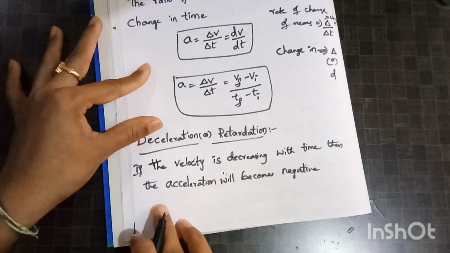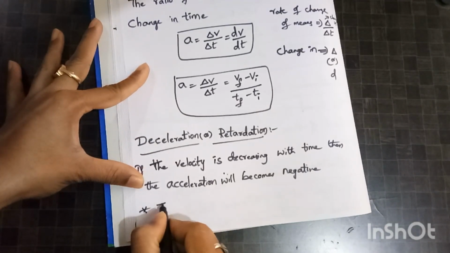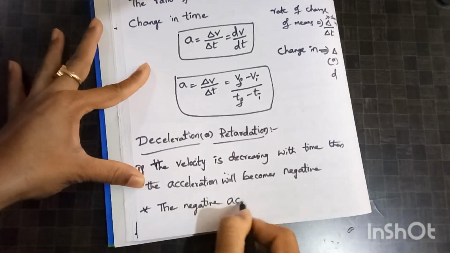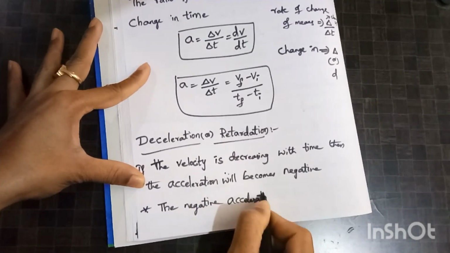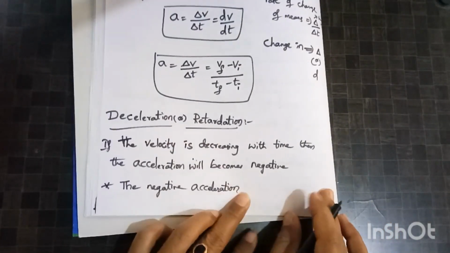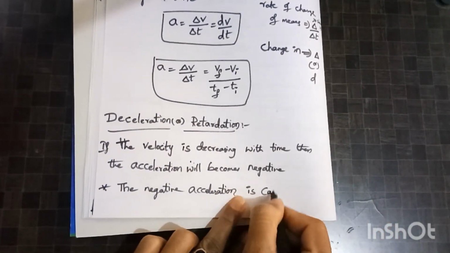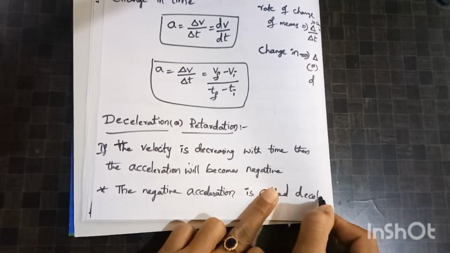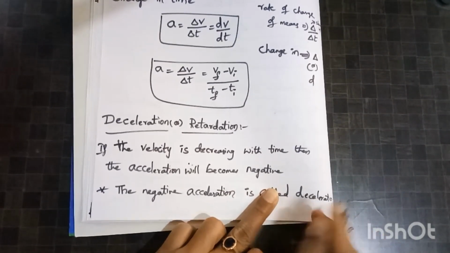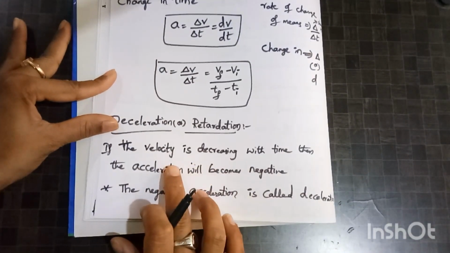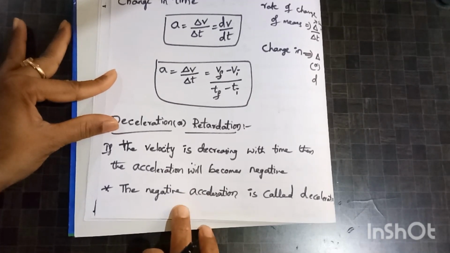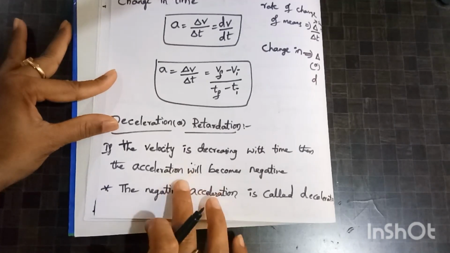This negative acceleration is called deceleration or retardation. So for decreasing velocity with time, the acceleration is negative, and this negative acceleration is called deceleration. Suppose if velocity is increasing with time, then the acceleration will be positive.